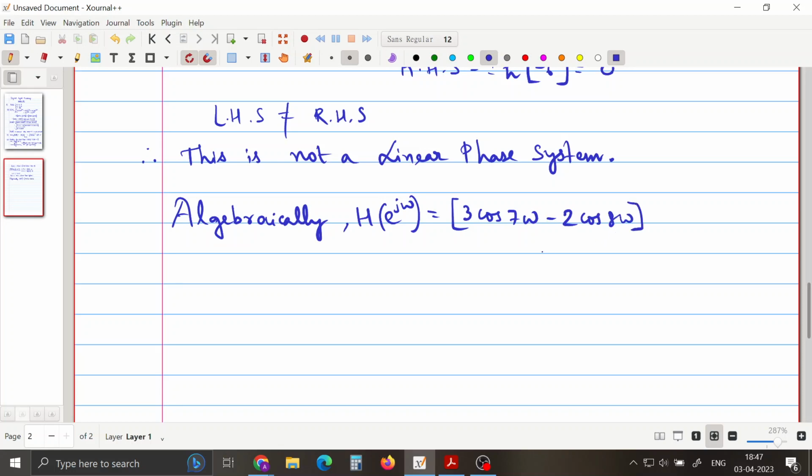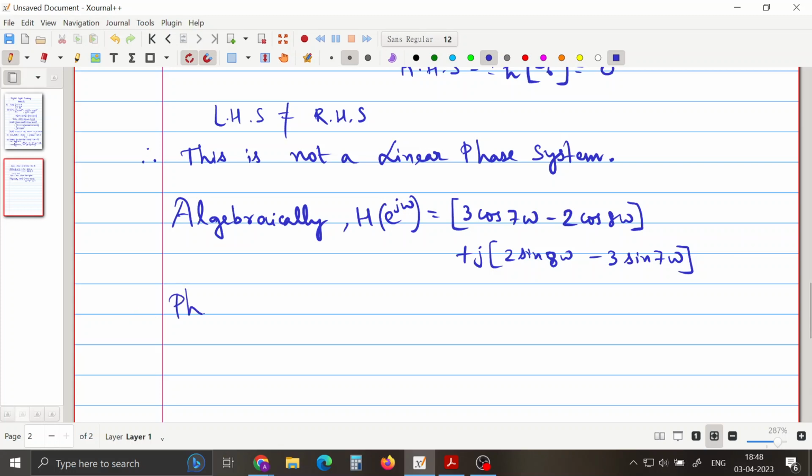So we had this, and plus j times 2 sine 8 omega minus 3 sine 7 omega.